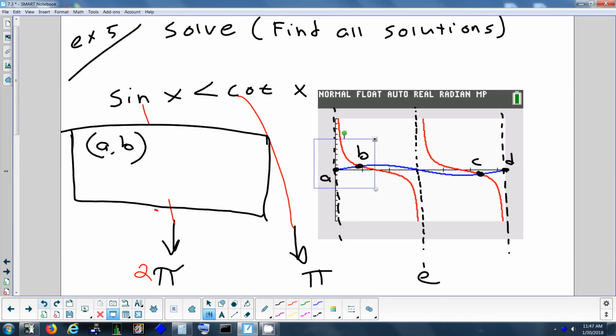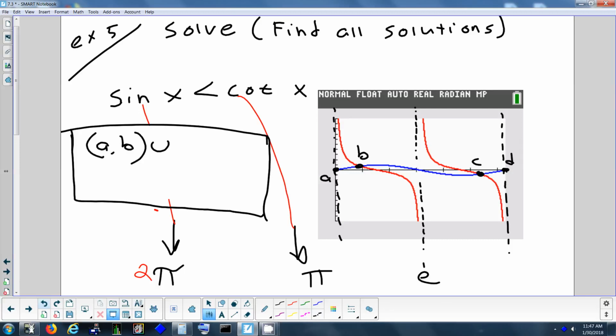If I put a bracket, then I'm answering where they are equal, and they don't want to know where they're equal. What about from B to E? Which graph is higher, blue or red? Blue. We don't want to know where blue is higher. We want to know where red is higher. So B to the vertical asymptote, that's not a solution.